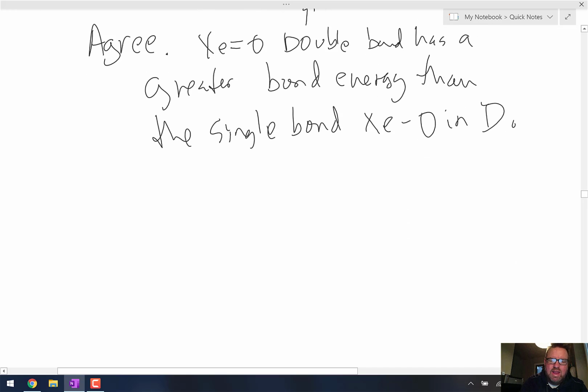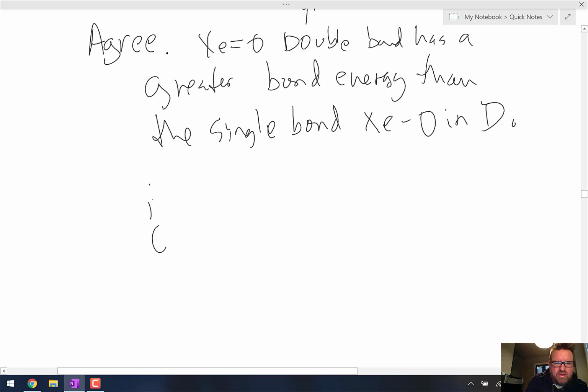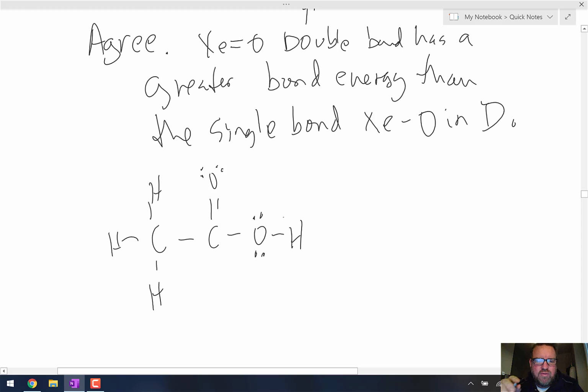Okay, and even if you think of a molecule like this, CH3, C double bond to the O, single bond to the O, and then an H. That's actually the Lewis electron dot diagram for acetic acid, HC2H3O2. Notice here we have a carbon-oxygen single bond.